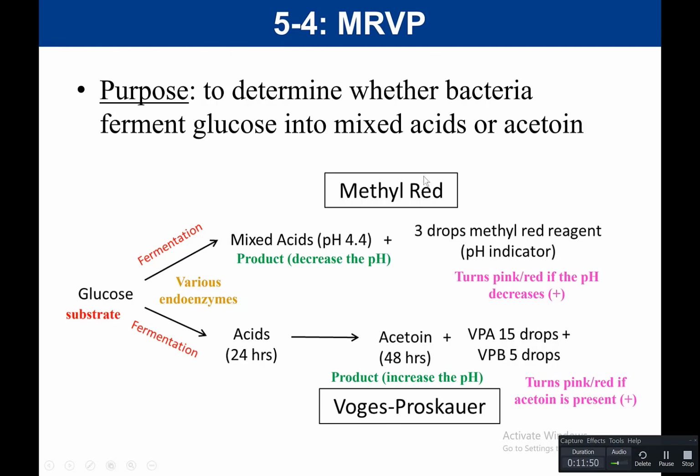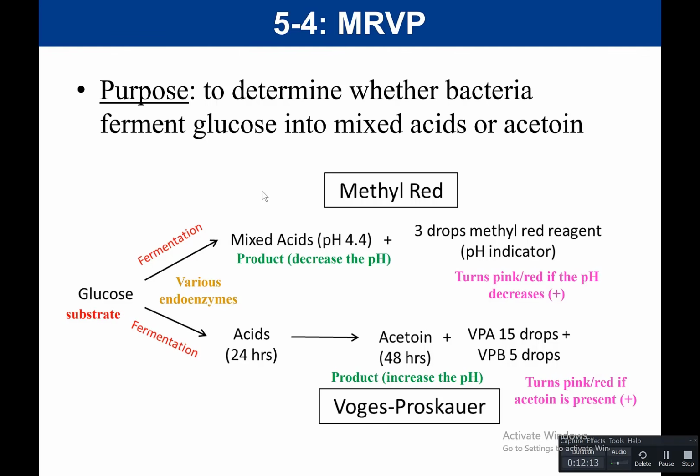And then for the methyl red sheet, the products are going to be our stable mixed acids. These are your products, and those stable mixed acids will decrease the pH. On the biochemical sheet for the methyl red, you're going to record the pH indicator and the reagent as being methyl red.